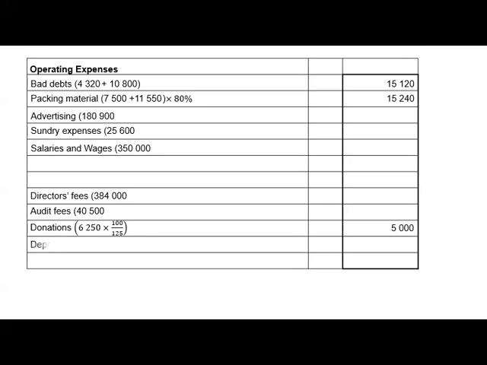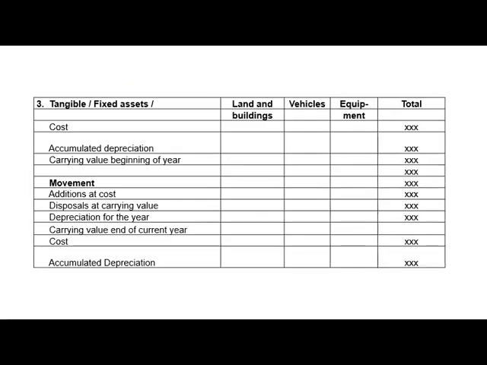There it is. Operating expenses, I've got depreciation of 78,000. And that 78,000, I will also record it in my tangible assets note, which is note number 3, and I will record it as depreciation under vehicles.